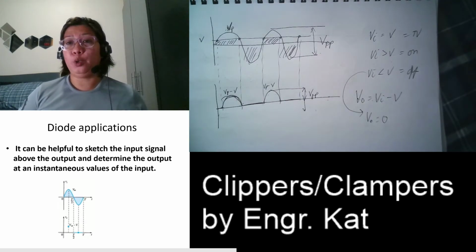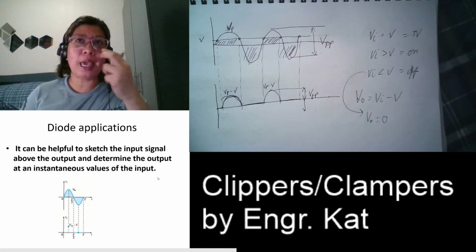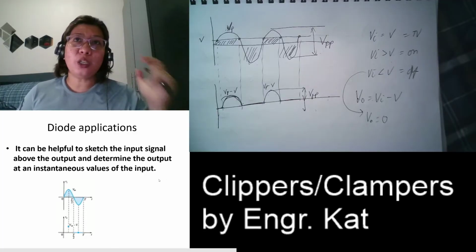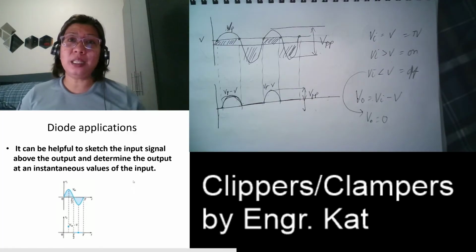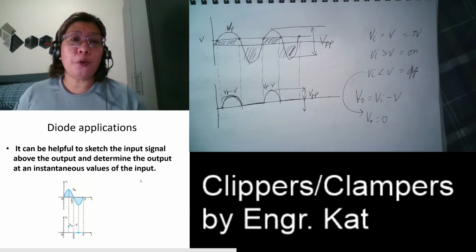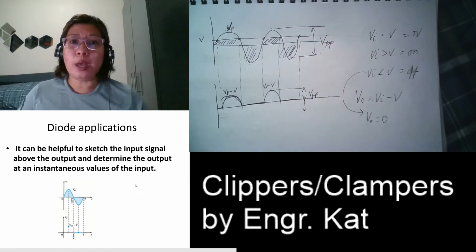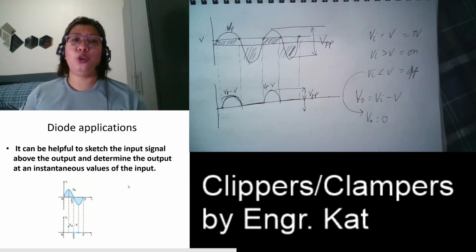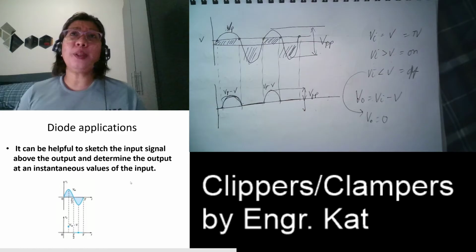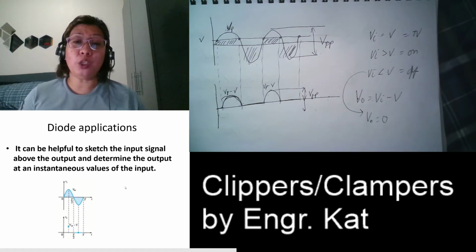Okay? So that's it. First, you make a mental sketch, then you get the transition voltage, and analyze the transition voltage. Determine what will happen during the forward, what will be the output, and during the reverse it will be 0, and then you sketch your output signal. The output signal here is always in the form of a waveform also. It will show what portion of your input signal will be removed.